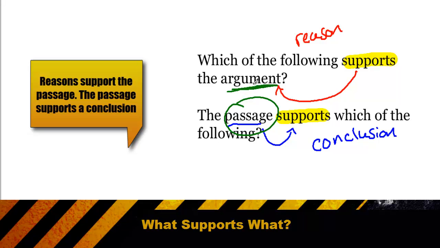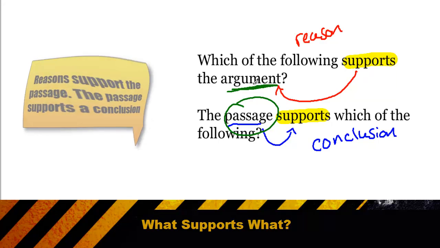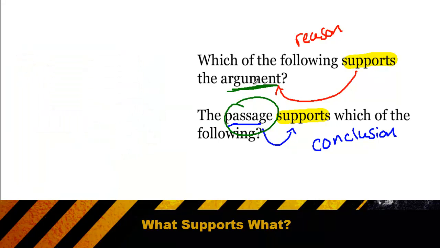If something is an argument, it has a conclusion. If we refer to the passage as the passage or the information, and we avoid using the word argument, the question is likely suggesting that the passage doesn't yet have a conclusion, so your job is to choose the best conclusion.